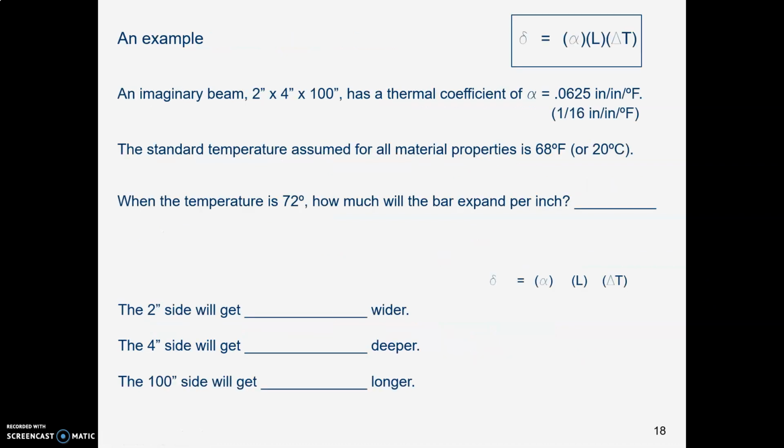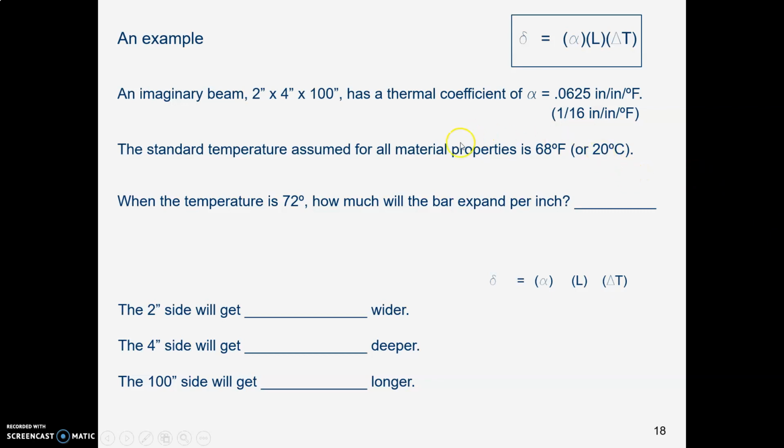Well, let's think about, this is our first quiz question, I believe, and it's an imaginary example totally made up just so we can begin thinking about it. This material, I gave it a thermal coefficient of expansion of 1/16 of an inch per inch. That's just ridiculous. There's no material that has a coefficient that big, but I'm just trying to get us warmed up here.